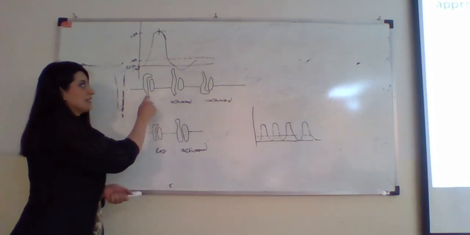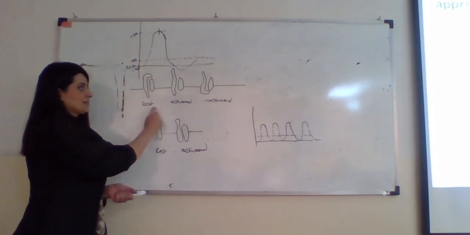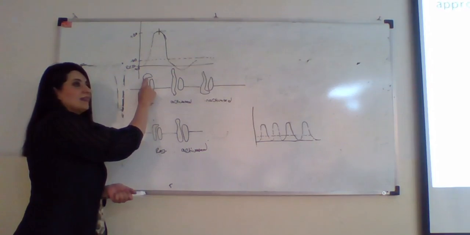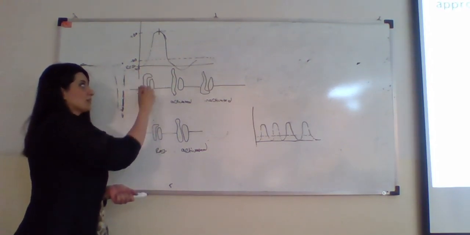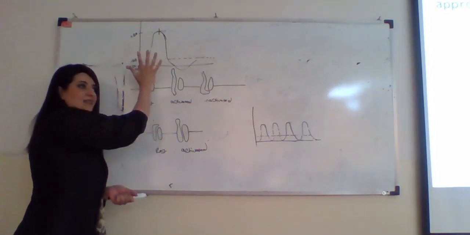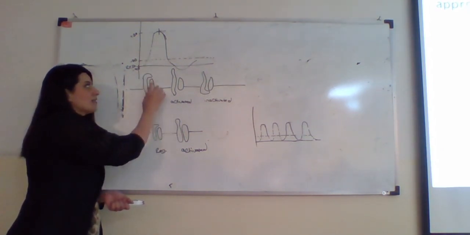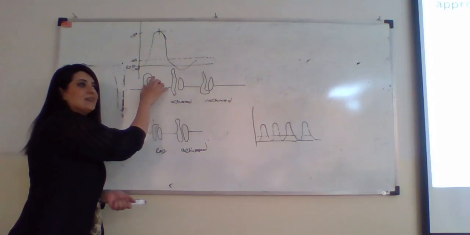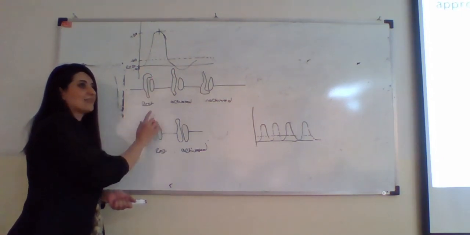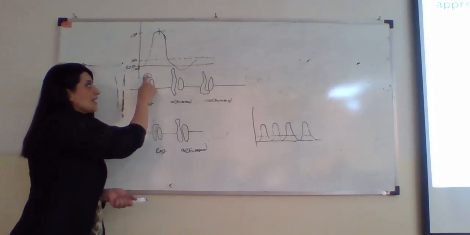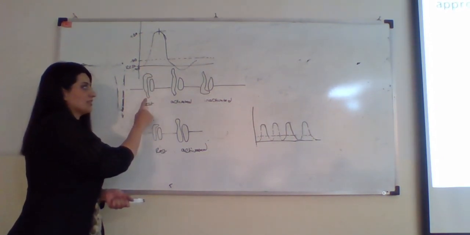In the resting state, the voltage gated sodium channel, this is up, and it is a transmembrane protein, as we say. The outer gate is closed at the resting state, and the inner is open. This one is the activation gate, this one is the inactivation gate.